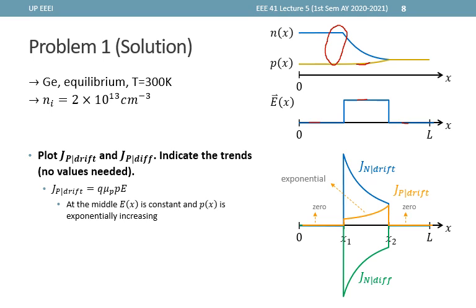And also at the segment right here, Jp drift is slightly smaller than Jn drift, even though their carrier concentrations are the same. Well, that's because we expect that the mobility for holes is a bit smaller than the mobility for electrons. And again, we are assuming that mu p does not change significantly.